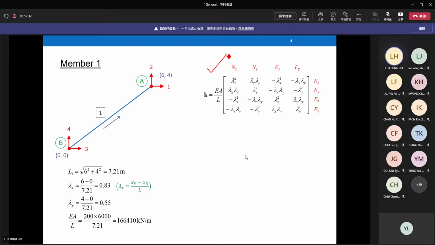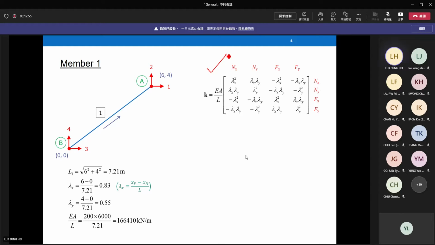You don't need to memorize this matrix, because normally I allow students to bring a formula sheet to the examination venue or to the quiz. But you need to know how to use it, for example how to calculate lambda, and how to arrange the code number and x and y.